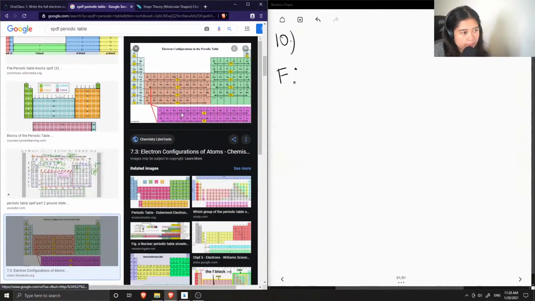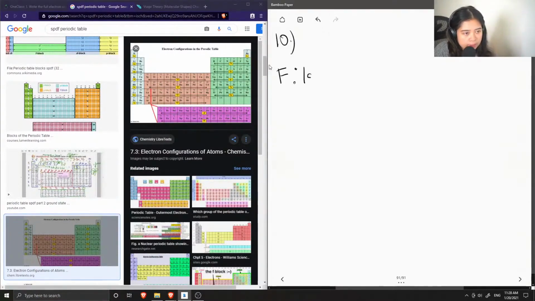So when we write the electron configuration, we start from hydrogen, which is 1s, and then we move left to right across the periodic table, also showing the superscripts, which tells us how many electrons are in that orbital. So for example, for hydrogen and helium, this is 1s2. And then on to the next row, we have 2s2.